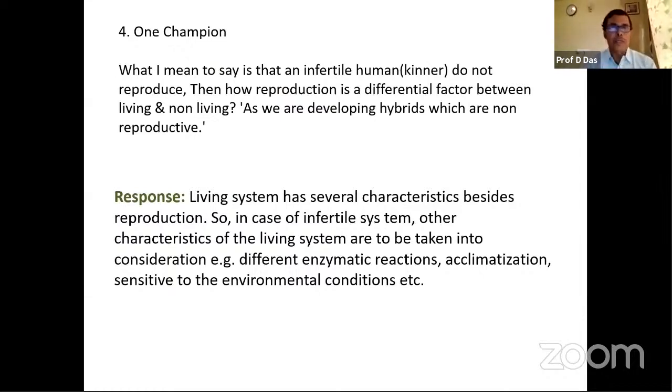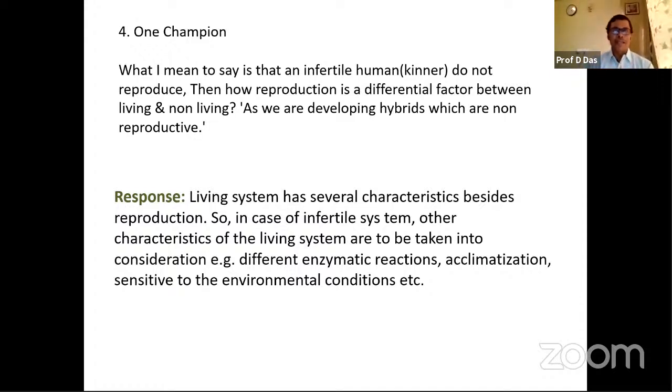Now another student has asked a very important question, about infertile humans who do not reproduce. I told you that one of the important characteristics of a living system is reproduction, that we all know.